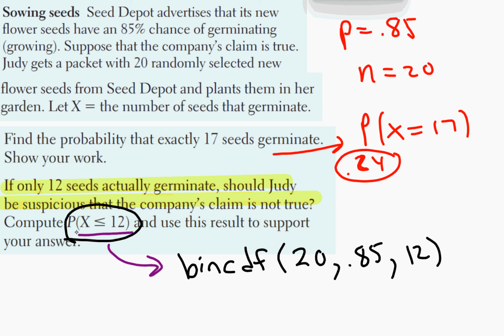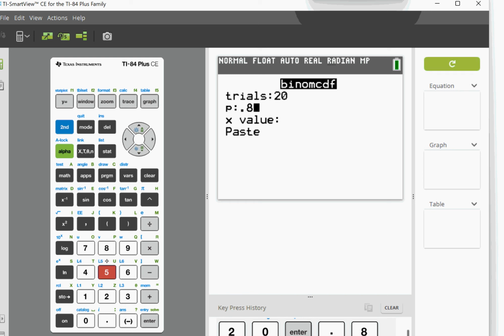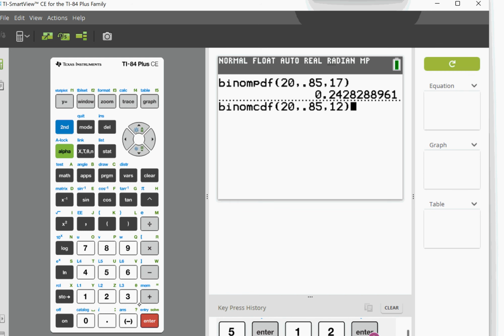There'll be no 1 minus tricks or anything like that this time. So let's go do that. Second distributions, binomial CDF. Here we go. 20 trials, 0.85, and 12. And we've got a probability of 0.005.